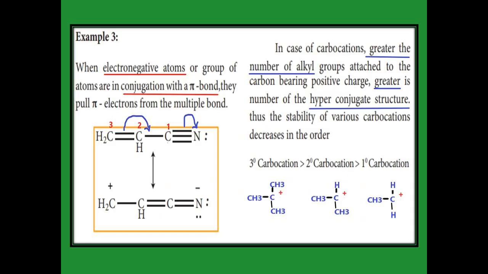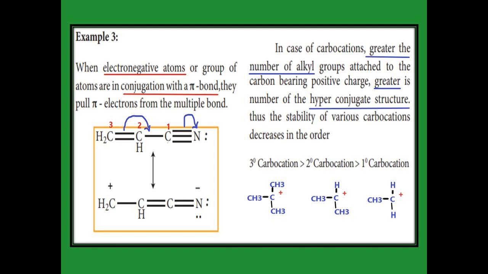We get hyperconjugation when an electronegative atom is in conjugation with the pi bond. Now see the example. Conjugation means adjacent to a pi bond. The electronegative atom is nitrogen, which is present adjacent to a double bond. Double bond means pi bond. First of all, the triple bond electrons are attracted to nitrogen, and the second and third carbon contain a double bond.